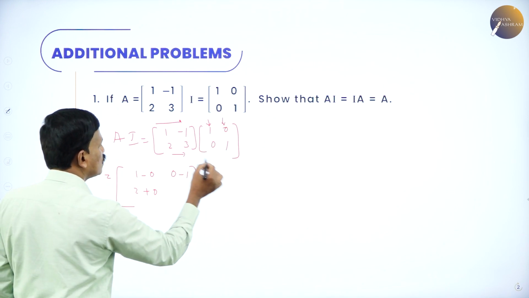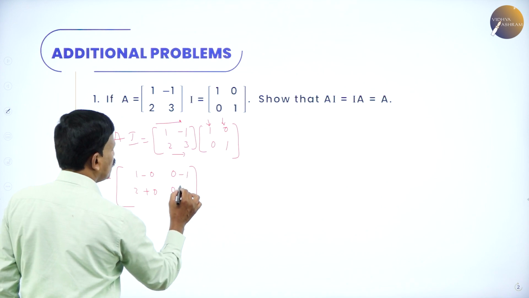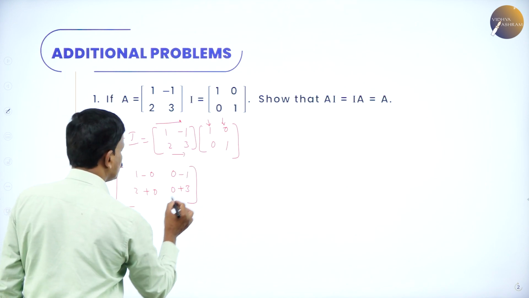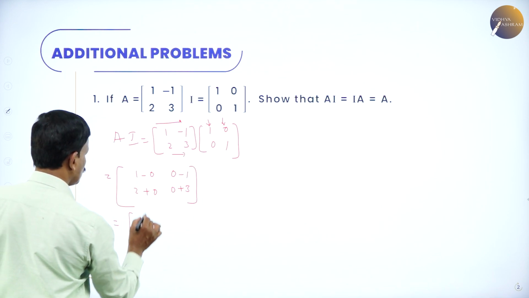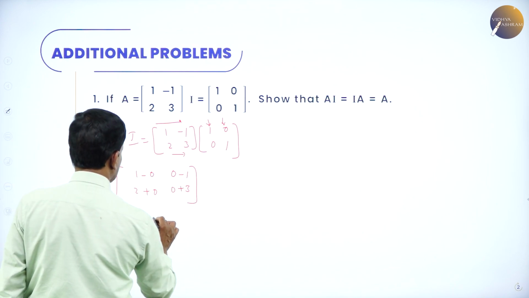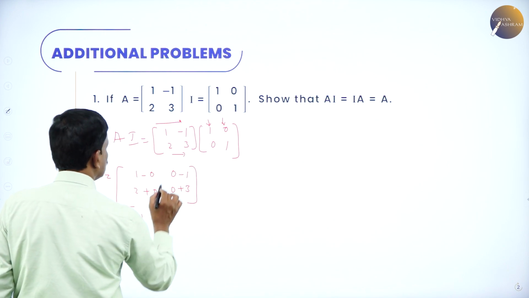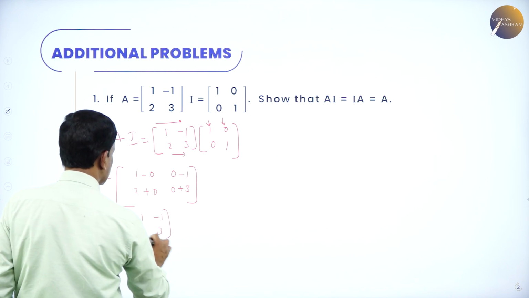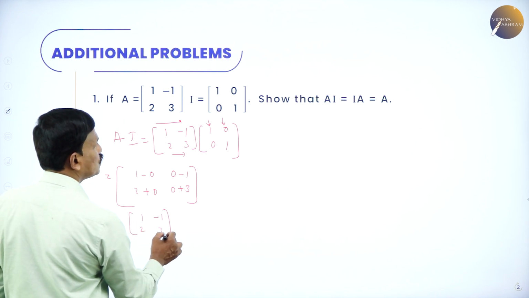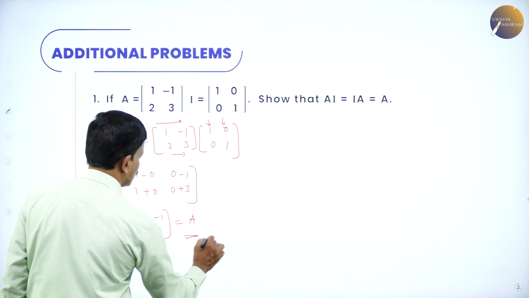Same row, second column: 2 into 0 is 0, plus 3 into 1 is equal to 3. Now, this is equal to 1 minus 0 is 1, 0 minus 1 is minus 1, 2 plus 0 is equal to 2, 0 plus 3 is equal to 3. That is [1, minus 1; 2, 3]. This is equal to the same matrix, your A.